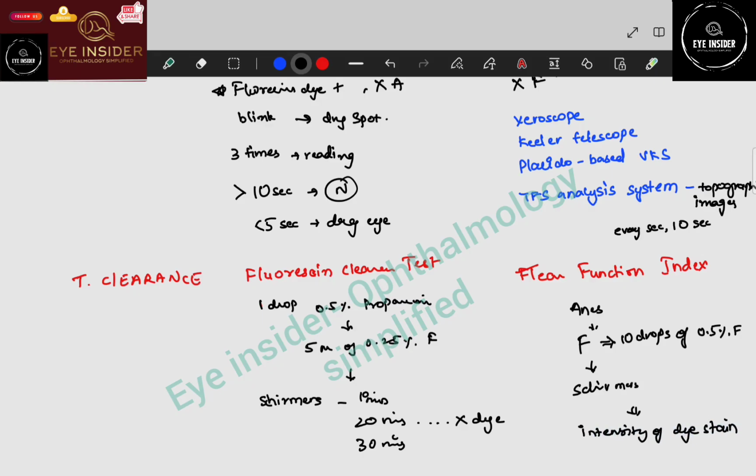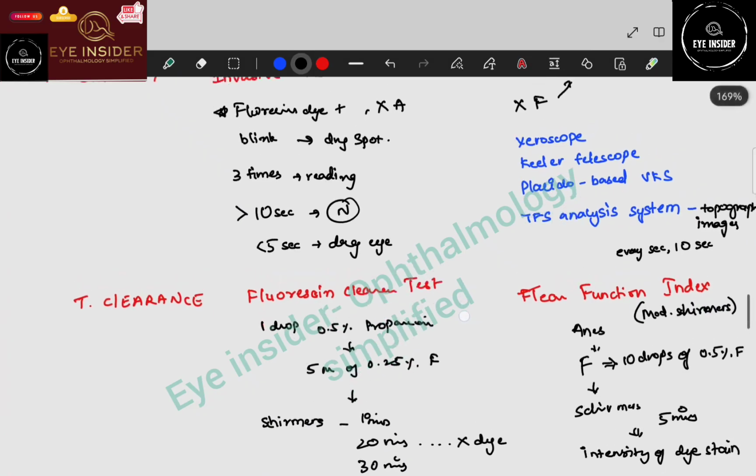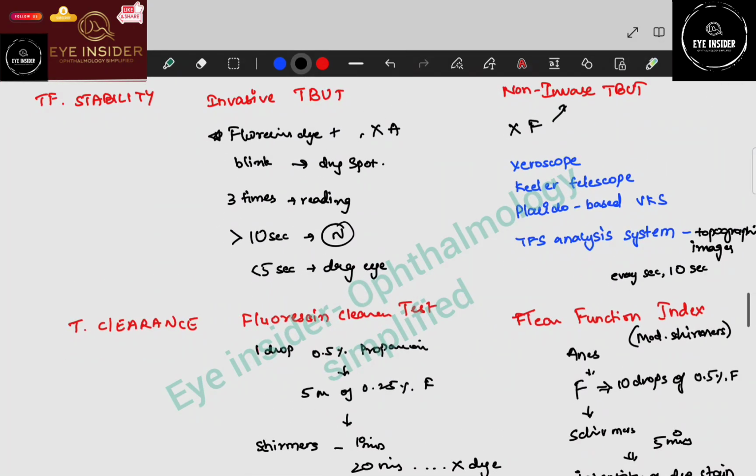The intensity of dye stain is checked after 5 minutes. So this is a modified Schirmer's. Both the fluorescein clearance test and the tear function index are regarding tear clearance.